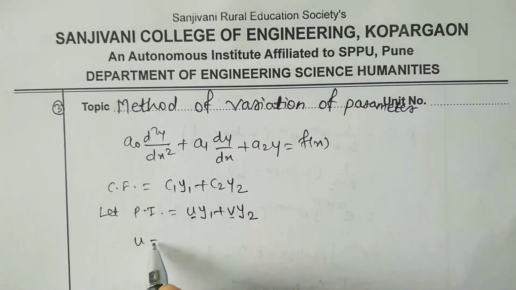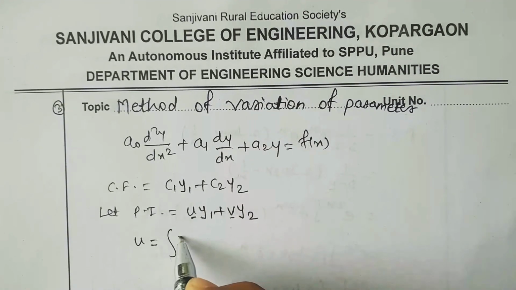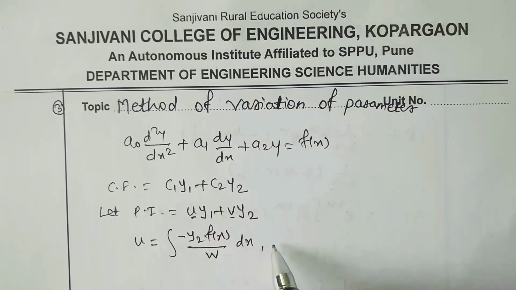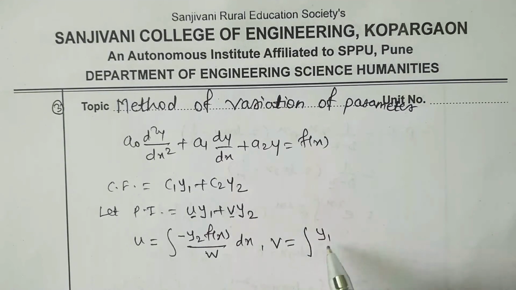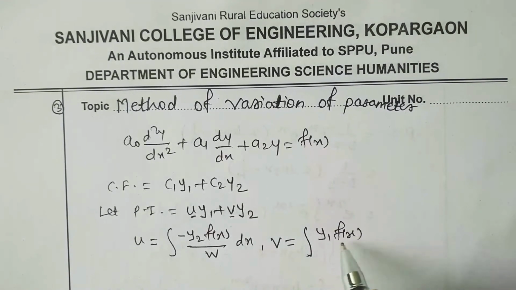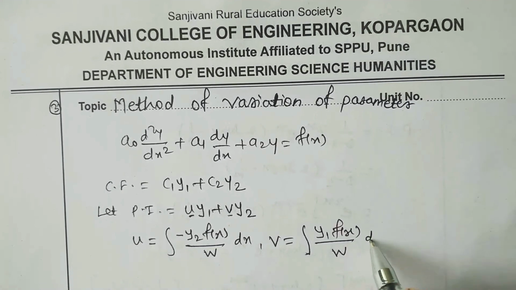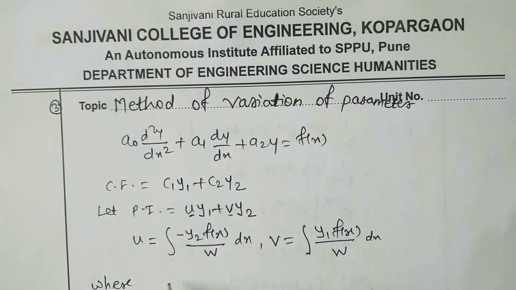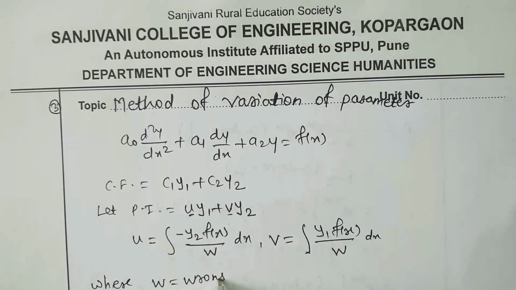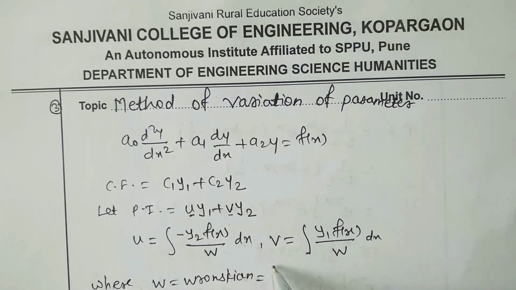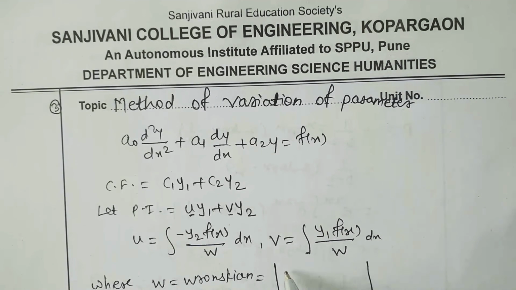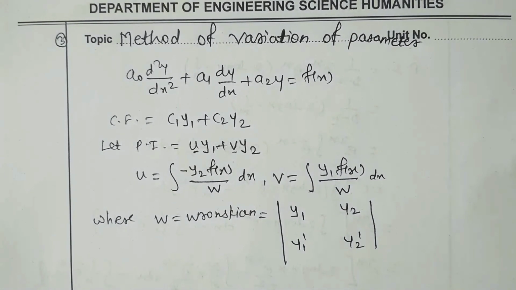So for that, value of u is given by the formula integration of minus y2 f of x upon w dx, and value of v is given by the formula integration of y1 f of x upon w dx, where w is called Wronskian and value of w can be calculated by using the determinant of first row y1 y2, second row y1 dash y2 dash. So this is the actual procedure to calculate the values of u and v.